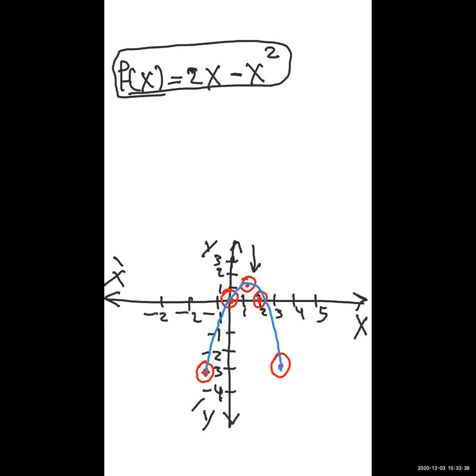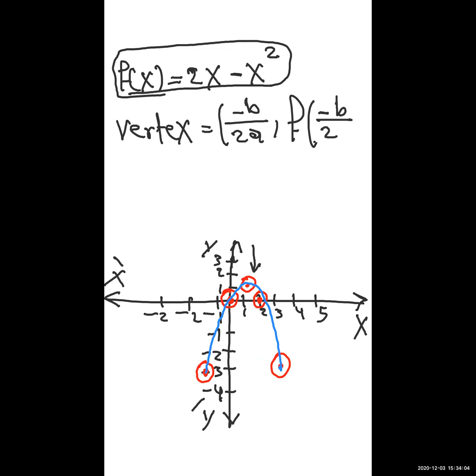Okay, so vertex of the curve, I can get it from the graph, or there is also one rule, negative b over 2a and function of negative b over 2a. Now I don't know exactly from the graph because I'm drawing using my hand, but using the rule, the vertex will equal negative b.